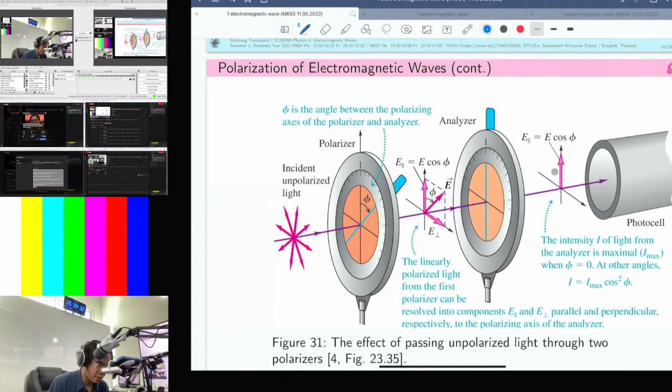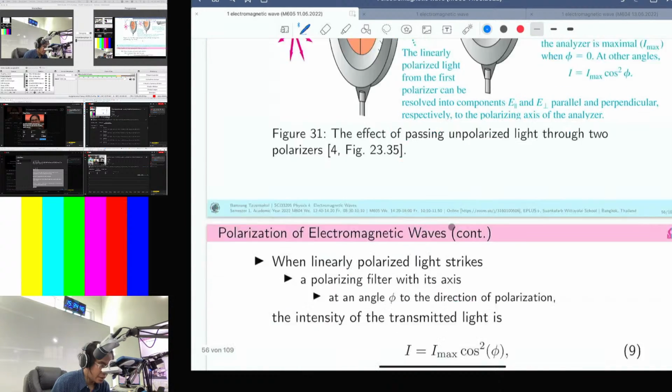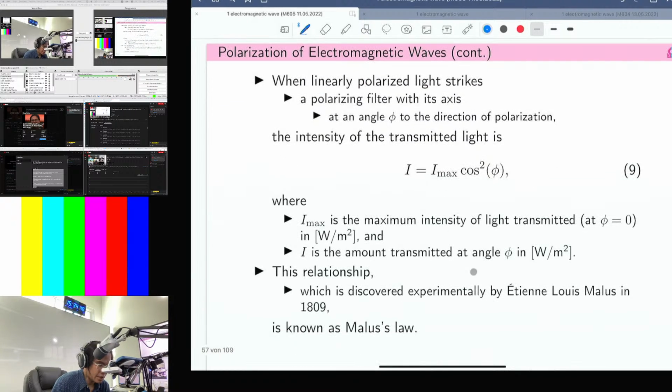And there were some physicists who tried to find a relationship between the intensity at the incident side, the input side, and the intensity at the output side. And that person is known as, I don't know, does anyone who studies French know how to pronounce this?